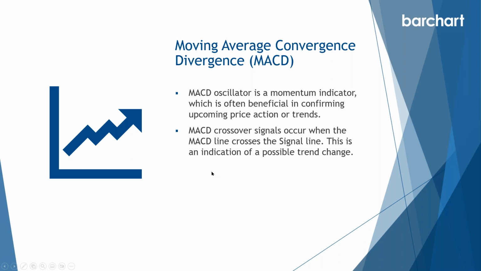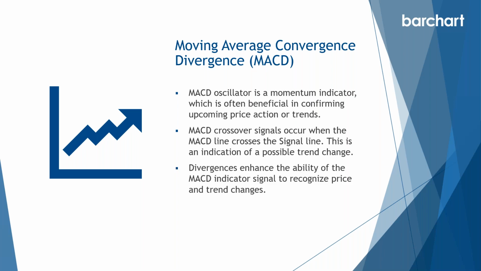Now, there is a buy and sell signal that MACDs create, and these are called crossover signals. This occurs when the MACD line crosses the signal line, and this is an indication of a possible trend change.